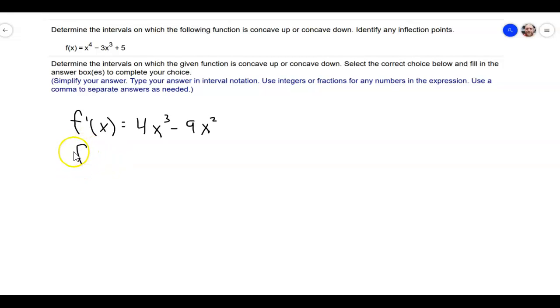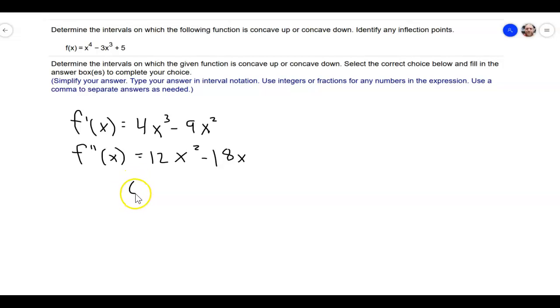And the second derivative, using the power rule again, since we have a nice polynomial here, is 12x squared minus 18x. Now the next thing we do is set this equal to 0, and that will find our points of inflection.